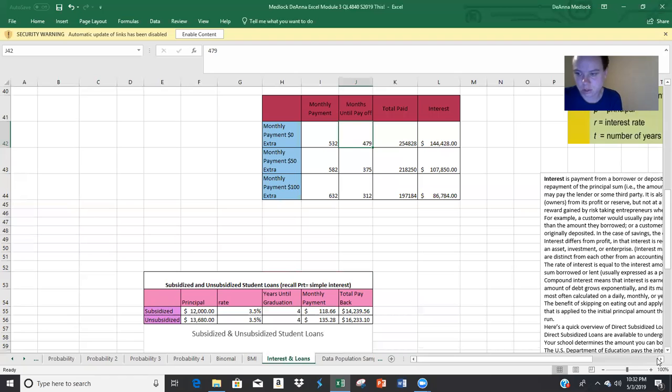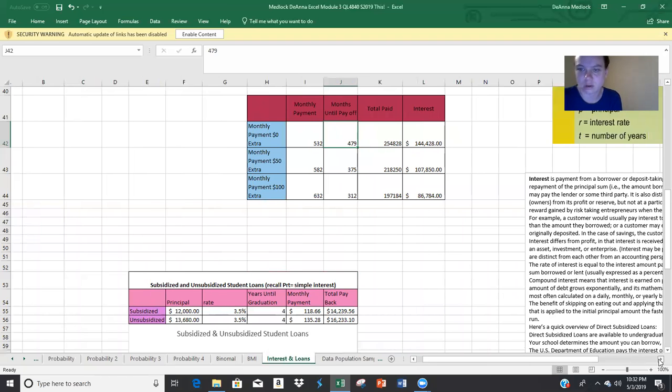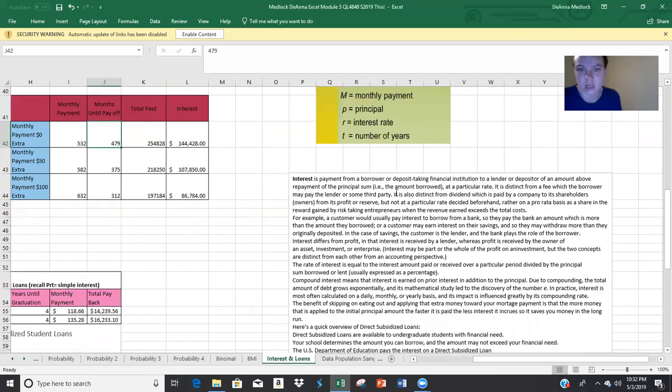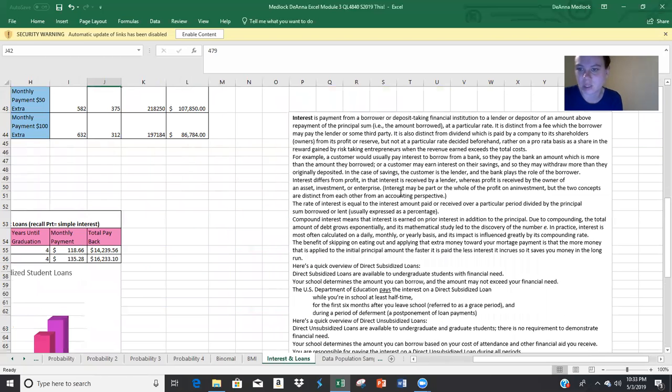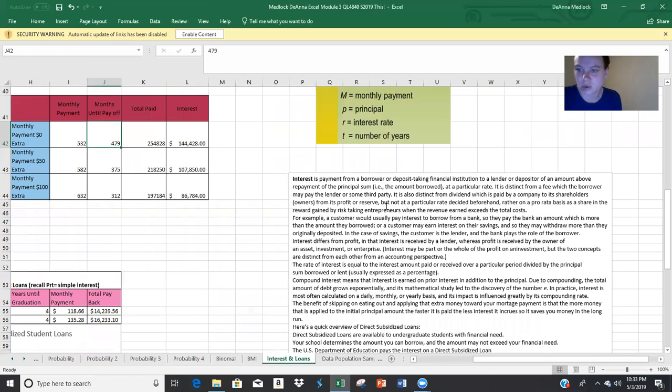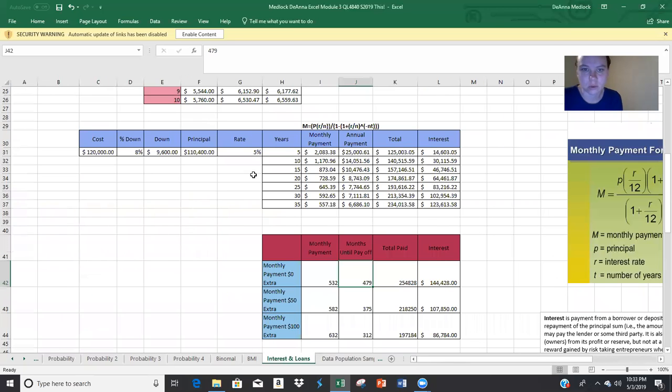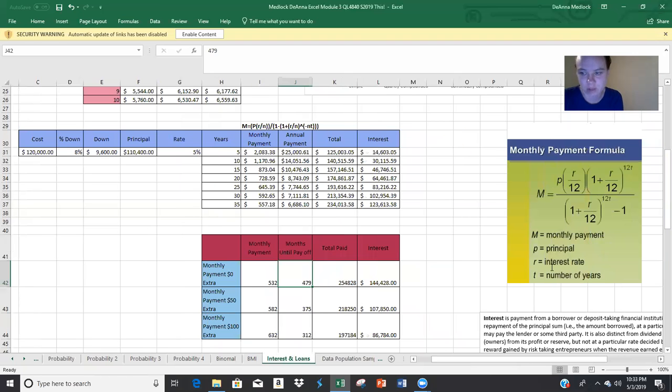And so just to give you a quick rundown of the formulas and everything, interest is payment from a borrower or deposit taking financial institution to a lender or depositor of an amount above repayment of the principal sum, which is the amount borrowed. So here we were talking about if we were buying a house, and so our principal amount was $110,400, and our rate on that was 5%.